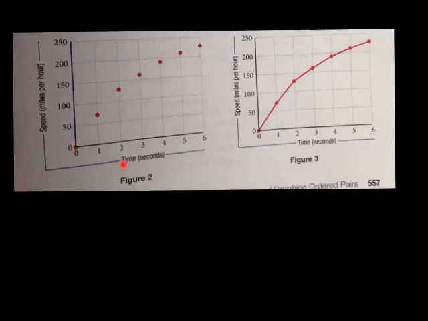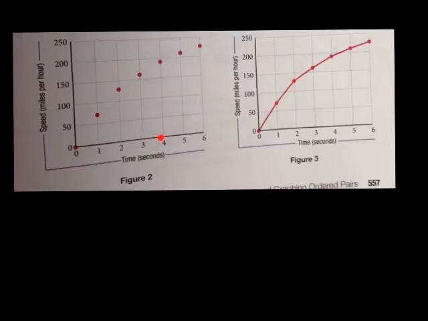Notice that after time in seconds, 1 second, the speed in miles per hour of this particular object is somewhere between 50 and 100. So time and speed are going to give me 2 different numbers. One is my time, and my speed looks like about 75.